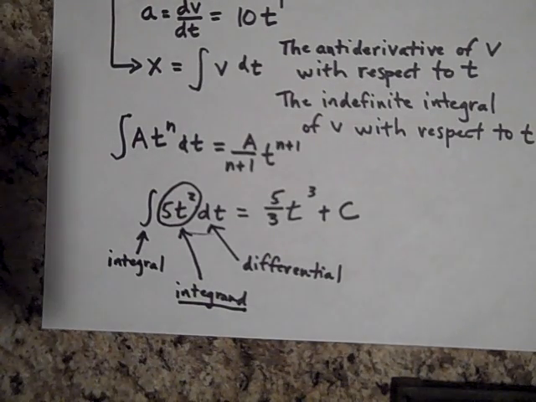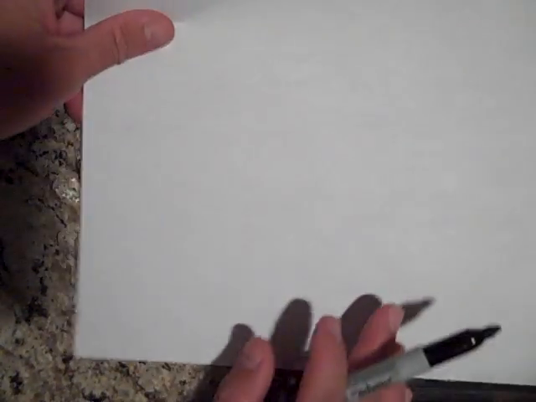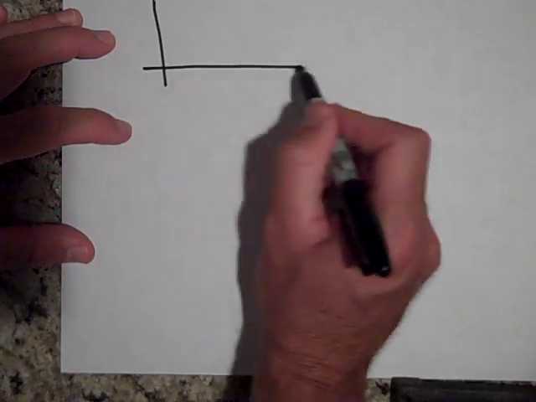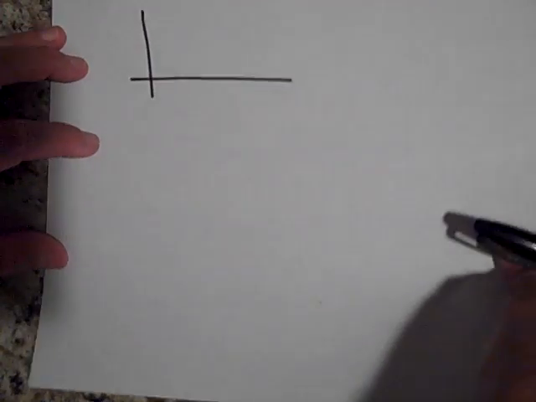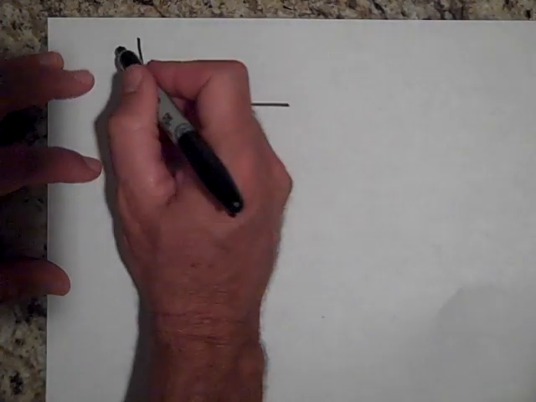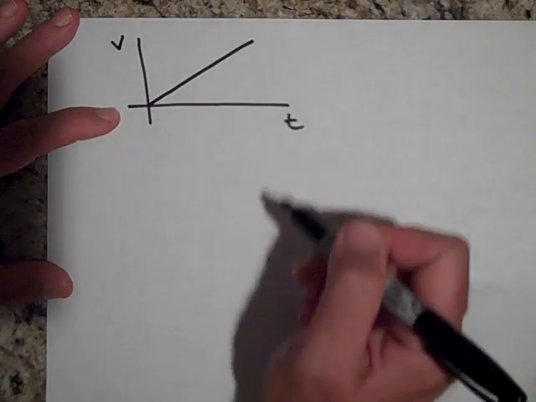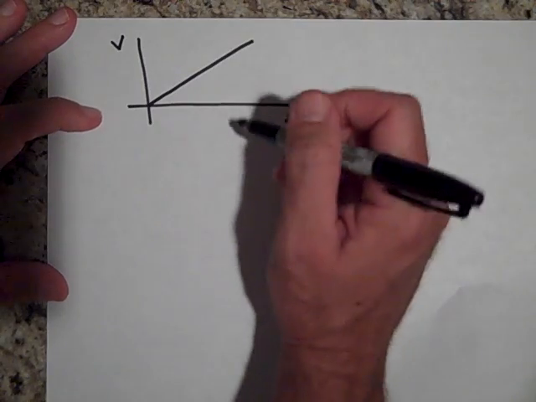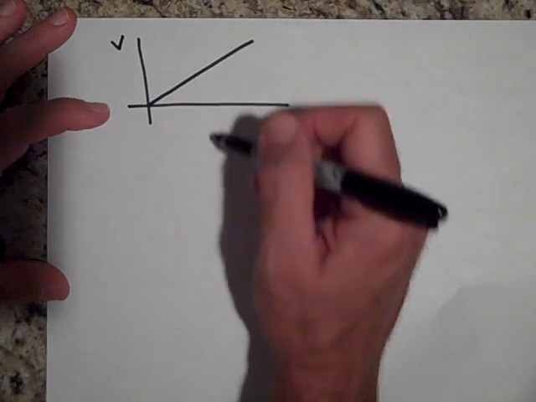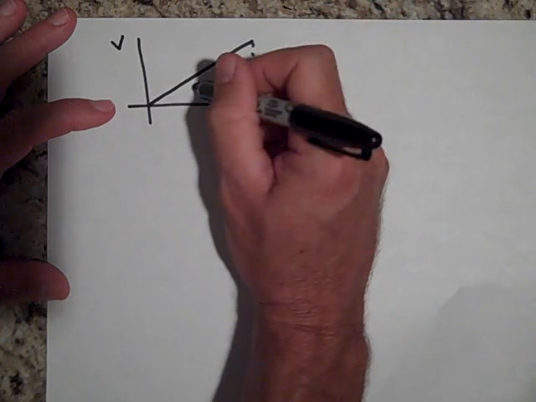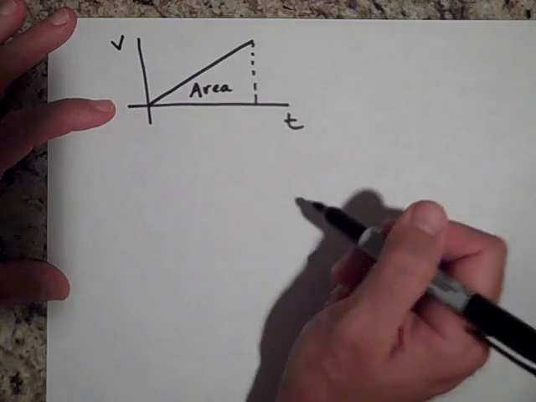Okay, one other thing about this then. If you do have a v versus t graph, there you go. And let's say an object's moving like this. You remember that the area underneath this graph, say this area right here, it equaled something.